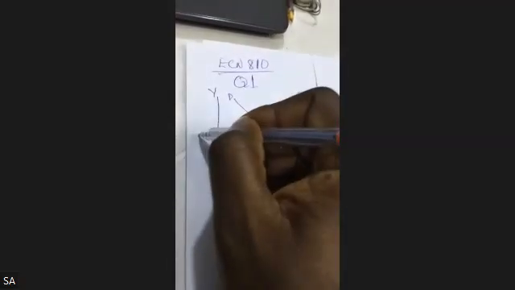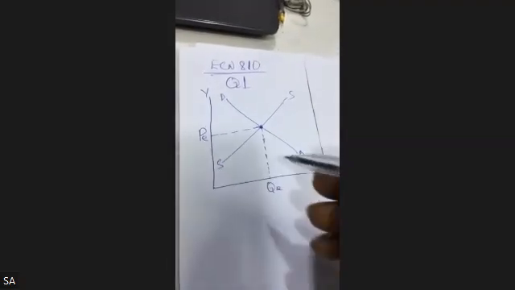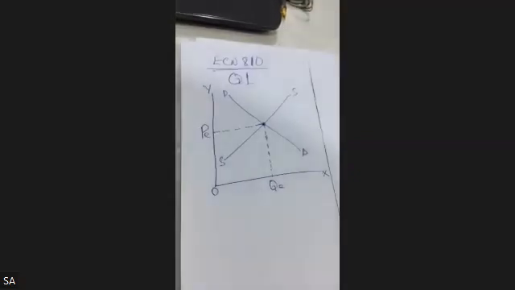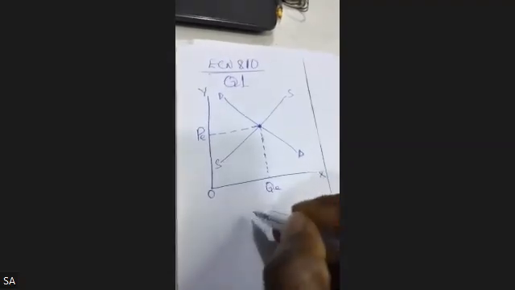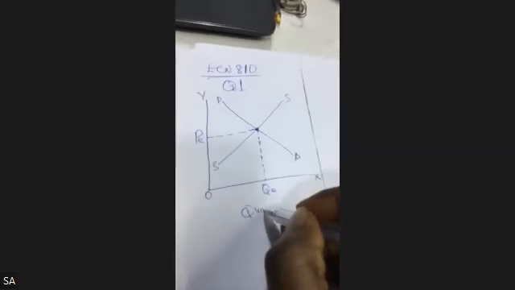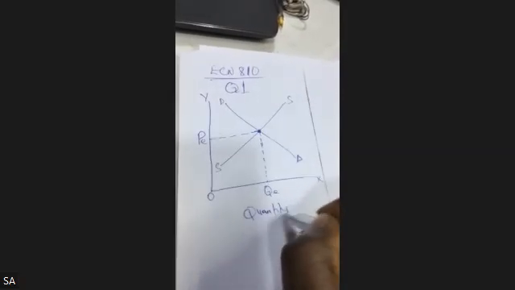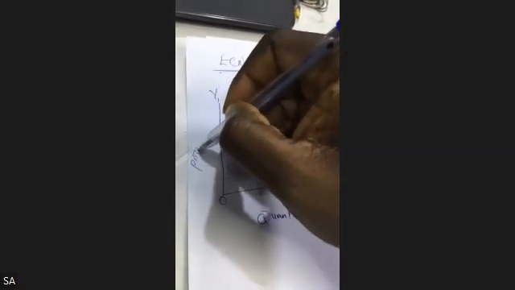So this is PE. This is actually our origin. This side is quantity. And this side is price.